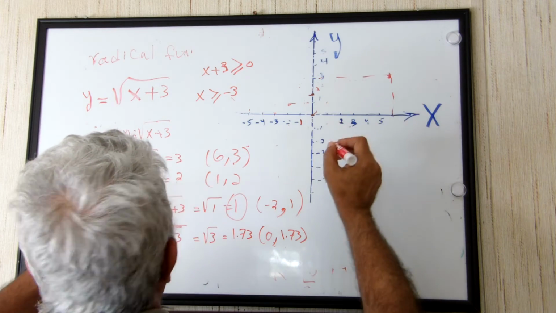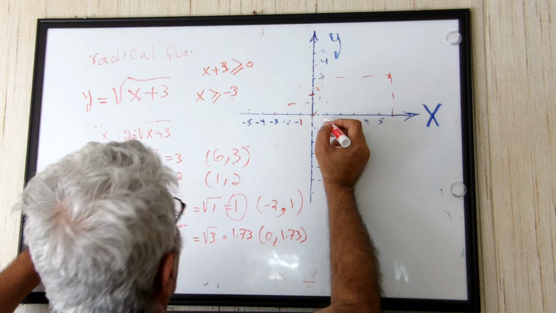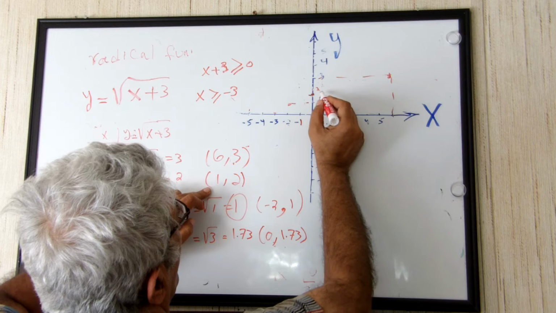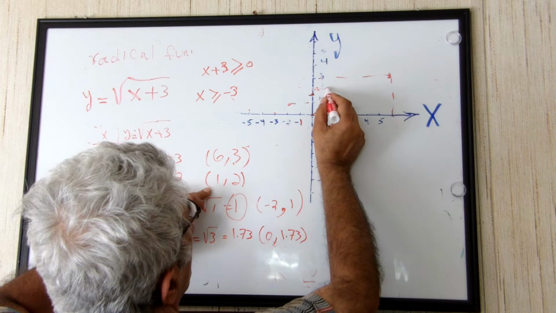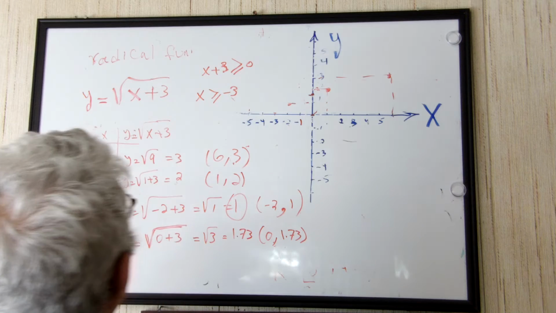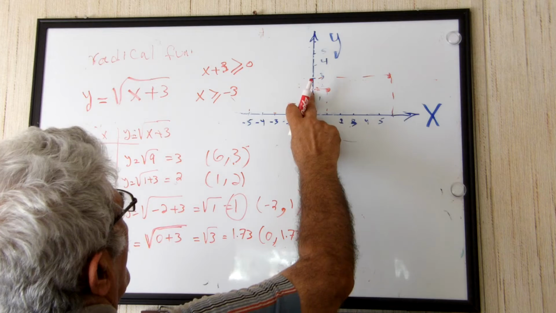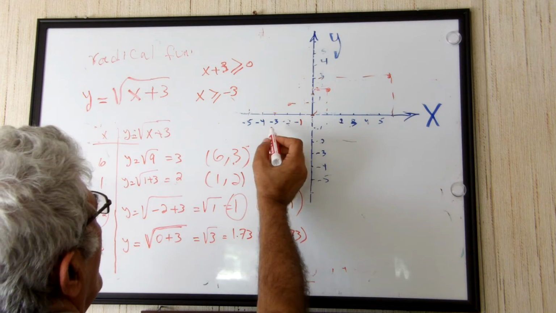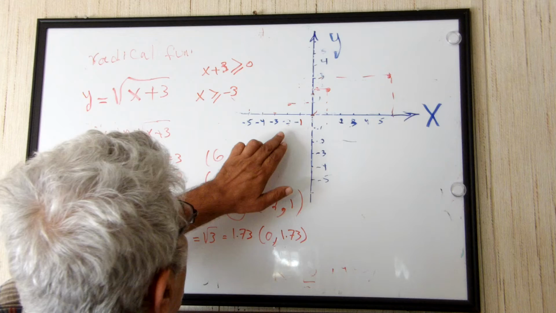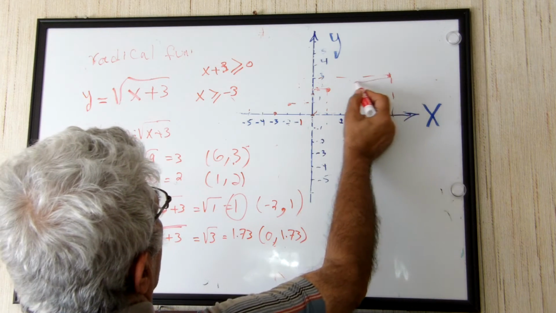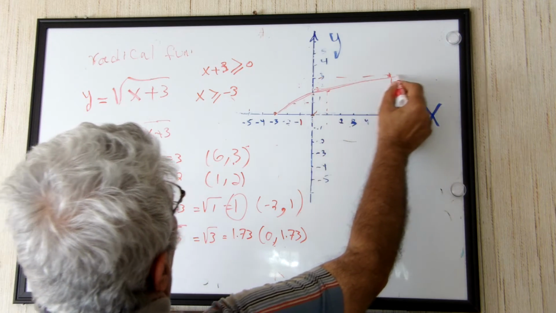And x is 1, y is going to be 2. So it is 2, this is 1, it's going to be here. So we have some points now. Let's put another point here. We start from here, and it's going to be like this.